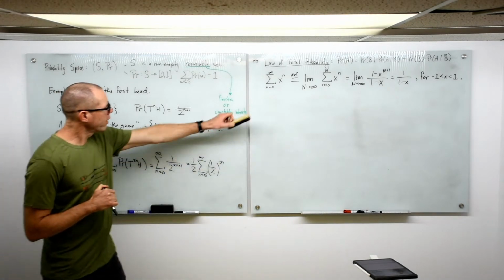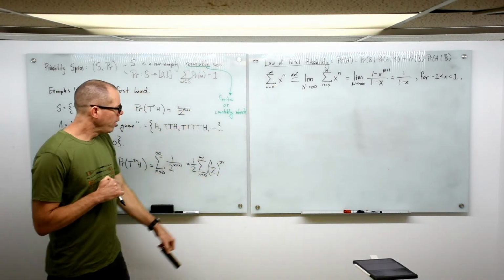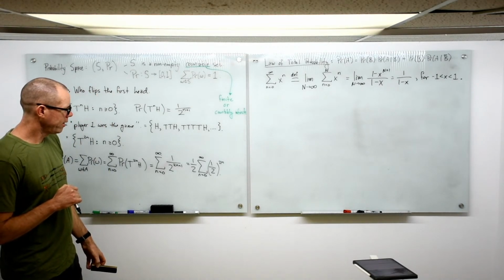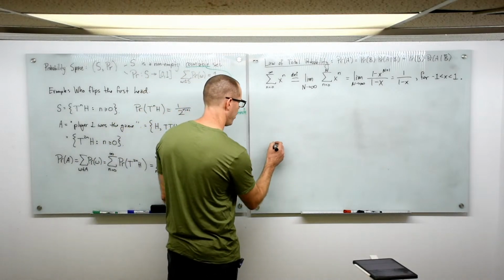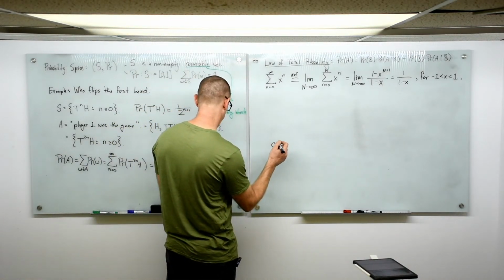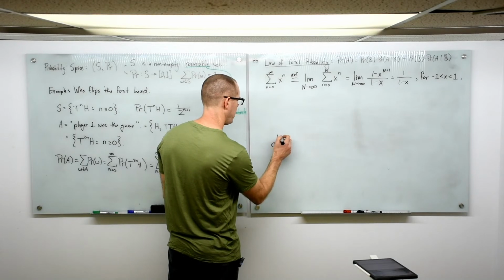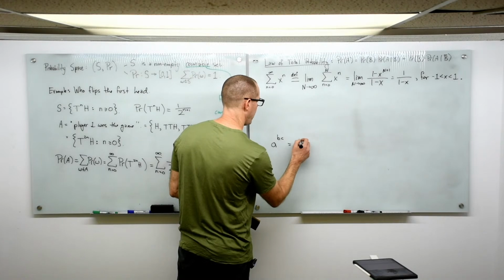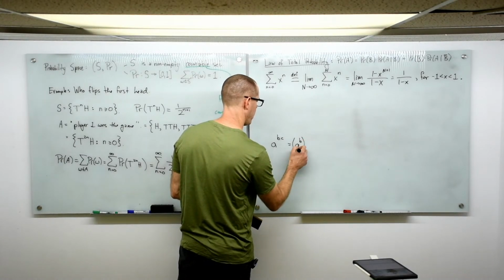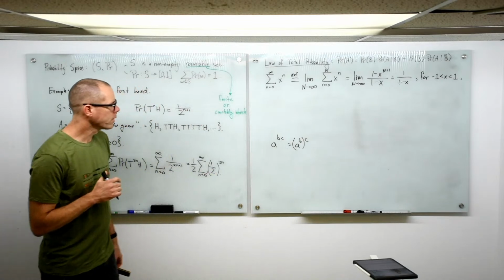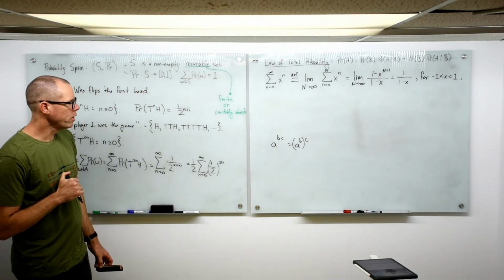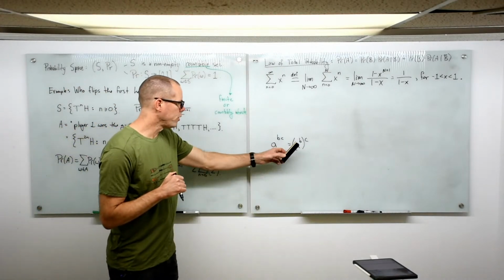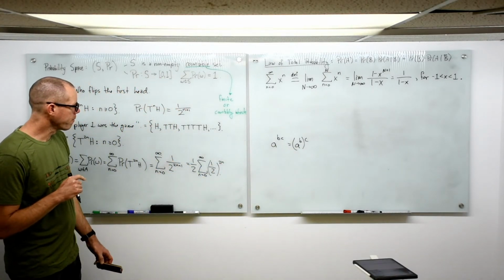So that doesn't look like it's in this form, but if you remember, if I have a to the b times c like this, that's the same thing as a to the b to the power c. So exponentiation distributes in this way.